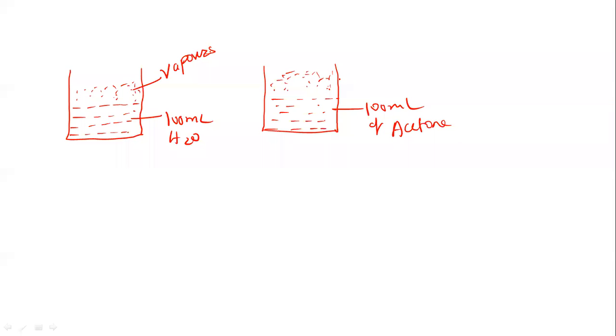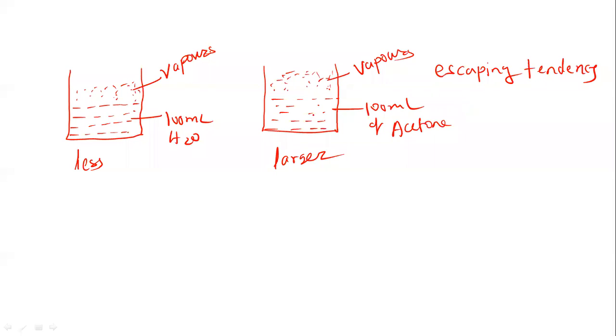The vapor pressure created in the case of acetone is larger, and in the case of water it is less compared to acetone. This is because acetone has a higher escaping tendency. Escaping tendency means going into the vapor state.